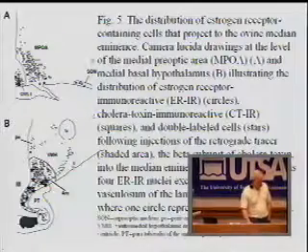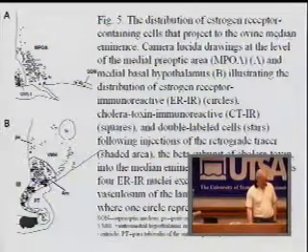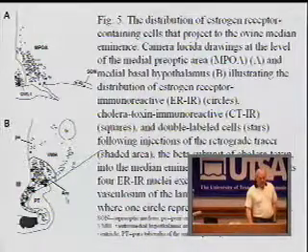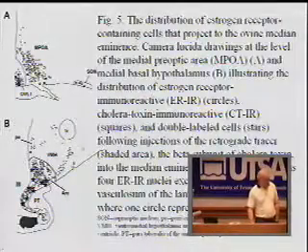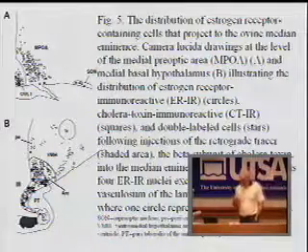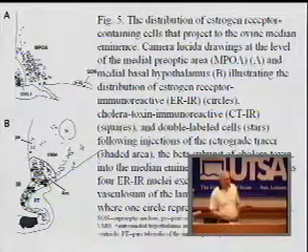So the distribution of the estrogen receptor containing cells that project to the ovine median eminence is shown in this figure. So this is a classic approach. A lot of cells in the hypothalamus. It's an endocrine tissue. It's not an organ.